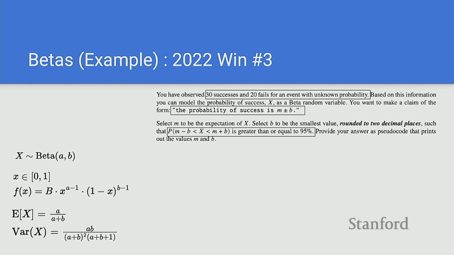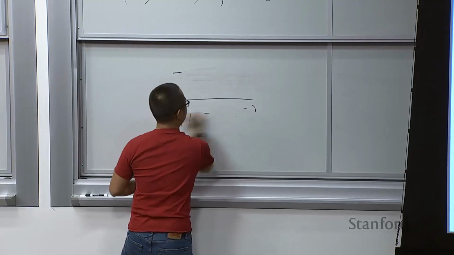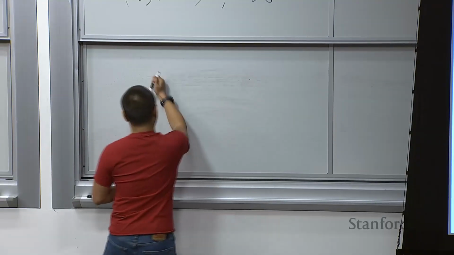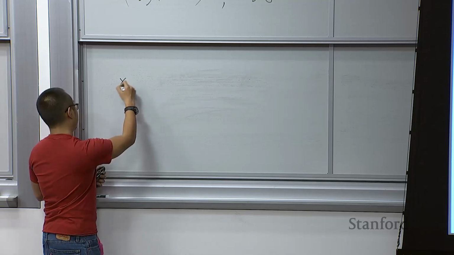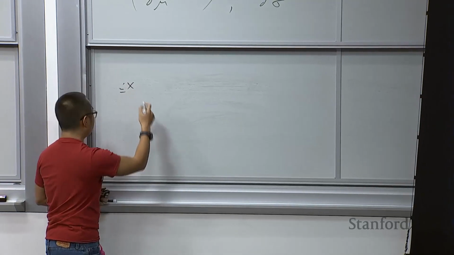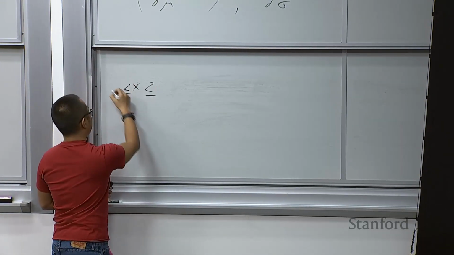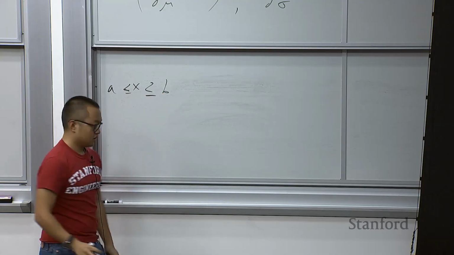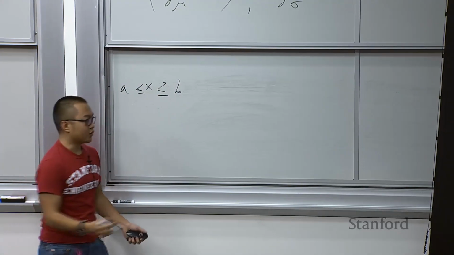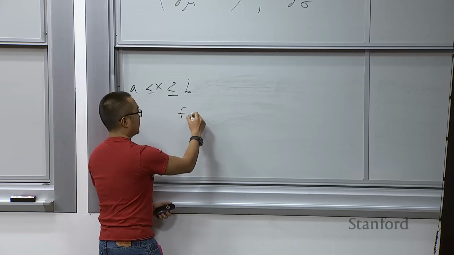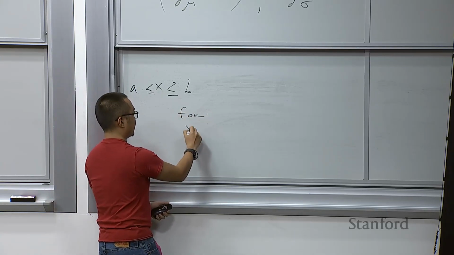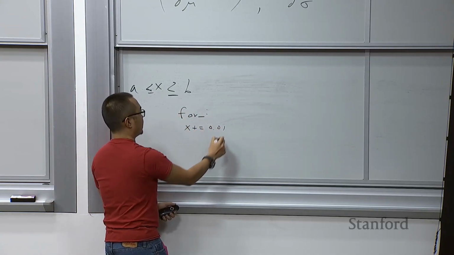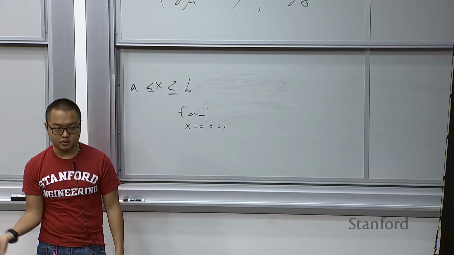If I'm after some value, say x, between a and b, there should probably be a for loop that does x plus equals 0.01, because they say up to 2 decimal places.